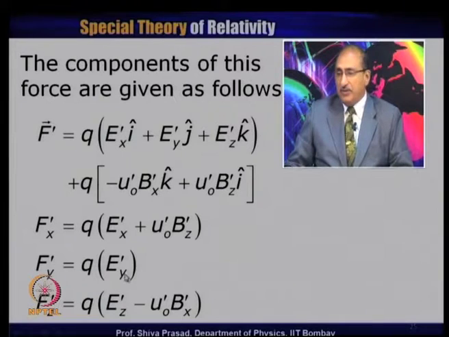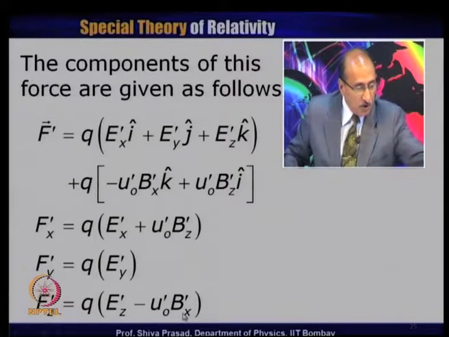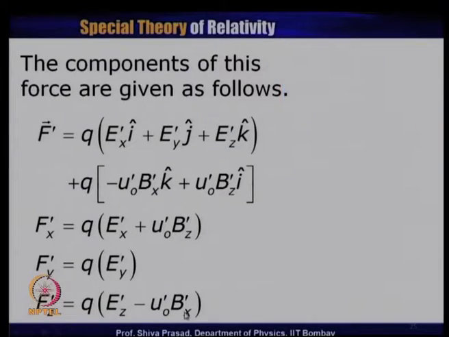Pick up the z component: this term contains k, this term contains k. So, the z component is Q Ez prime minus u naught prime Bx prime. These are the x, y and z components of the force as seen by an observer in the S prime frame of reference.